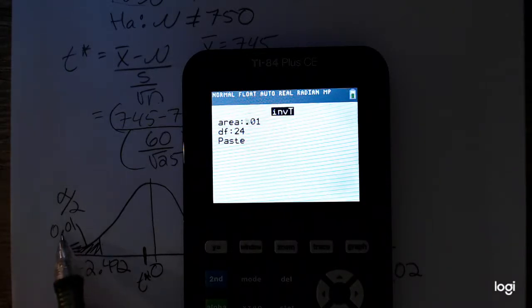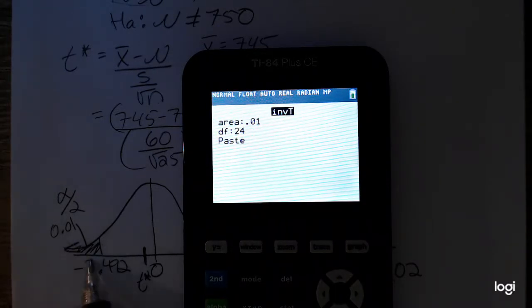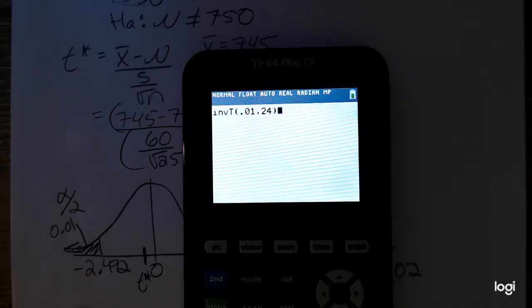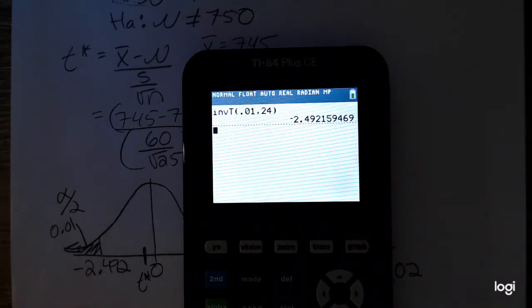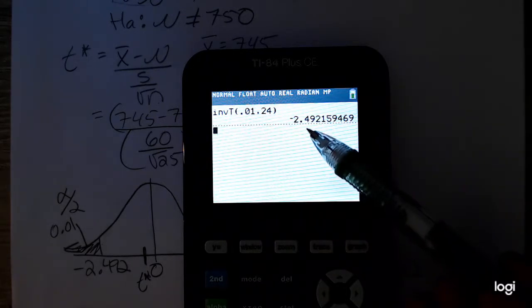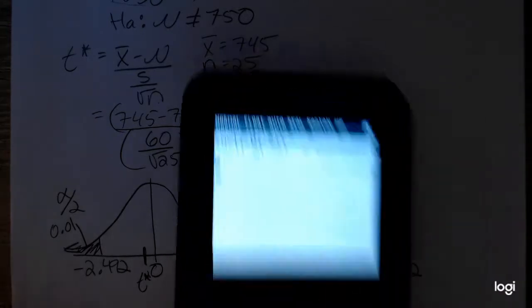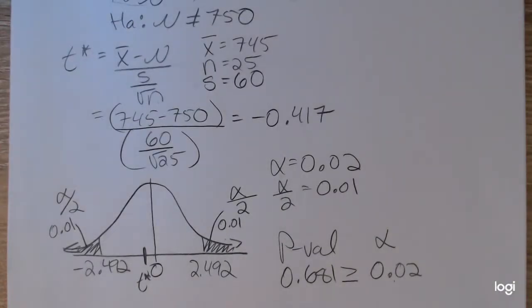So I can put in an area of 0.01 to find this lower critical value. The degrees of freedom is 24. And you'll see that it outputs that negative critical value. And by symmetry, I know my upper critical value will be positive 2.492.